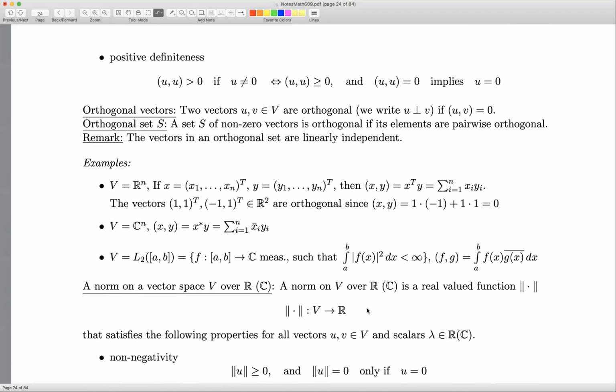However, during our course, we will discuss two types of vector spaces. We will discuss the vector space R^n, which is, let's say, column vectors with n coordinates x1, x2, and so on, xn.